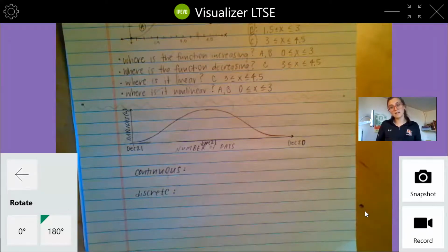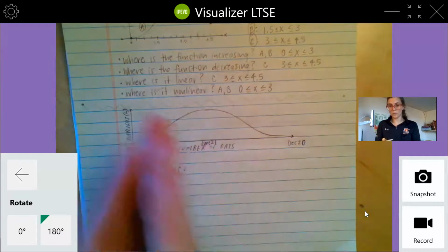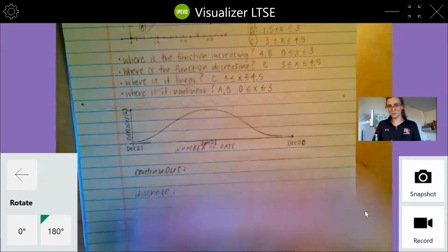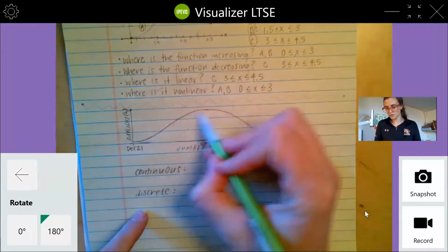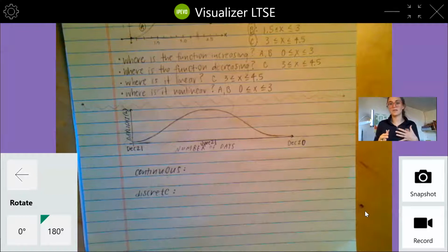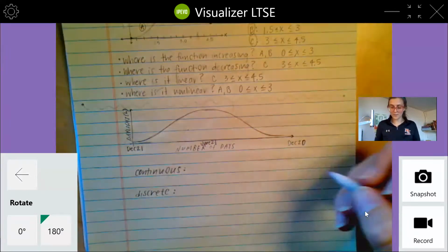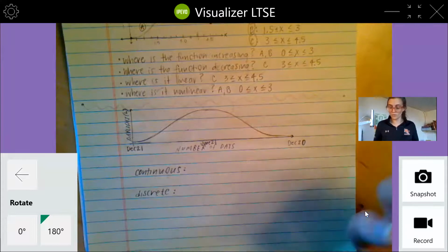This graph is an example of something that is continuous. That means that the range, the Y values, how much it increases and decreases, has no breaks in it. There's also no breaks in the domain, the X values. Okay, so domain and range do not have any breaks or holes.